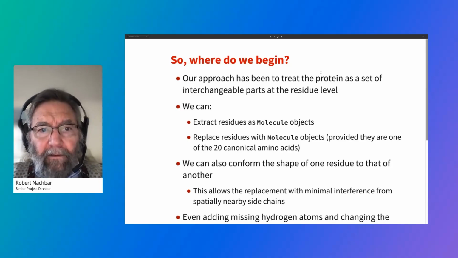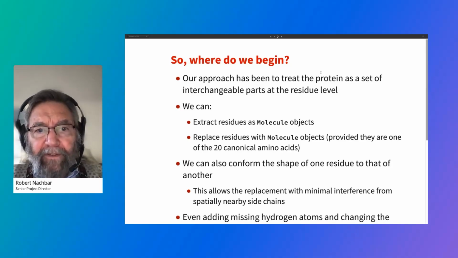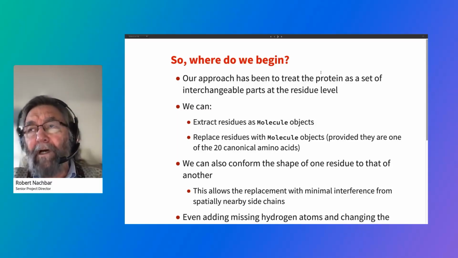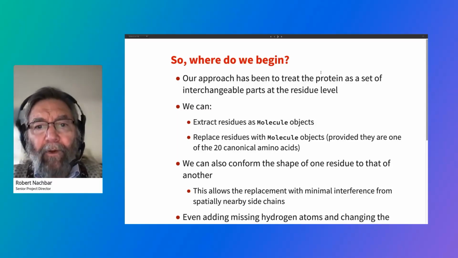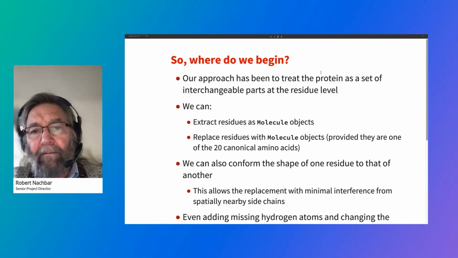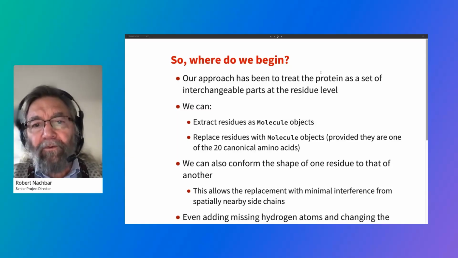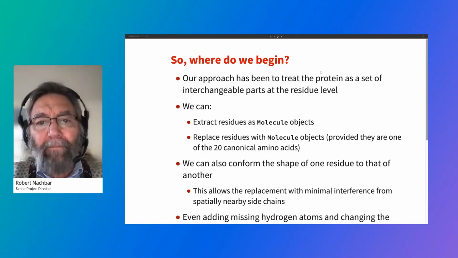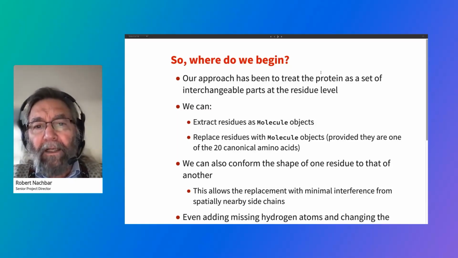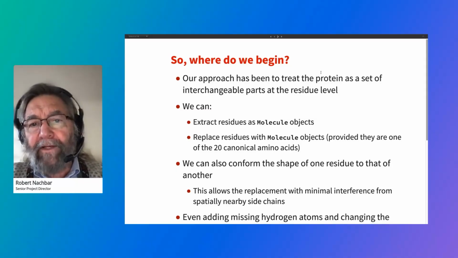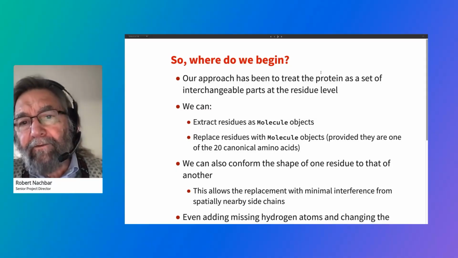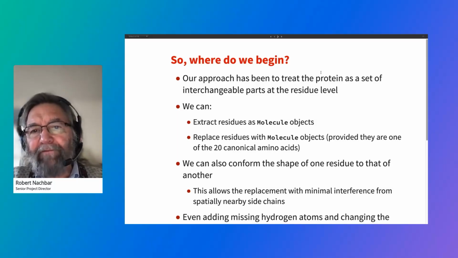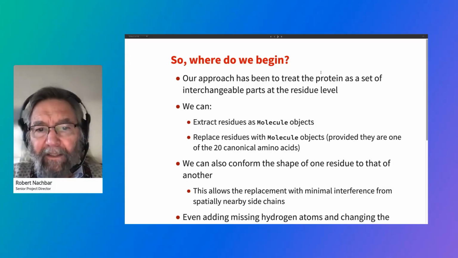And to do that, we want to be able to extract residues as molecule objects, because we can do lots of work with a molecule object. And then we want to be able to take that molecule object and put it back into the biomolecule to replace a residue that's already there once we've modified it, or taken another residue, taken that tryptophan and matched its geometry as much as we could to the phenylalanine before we stuck it back in.